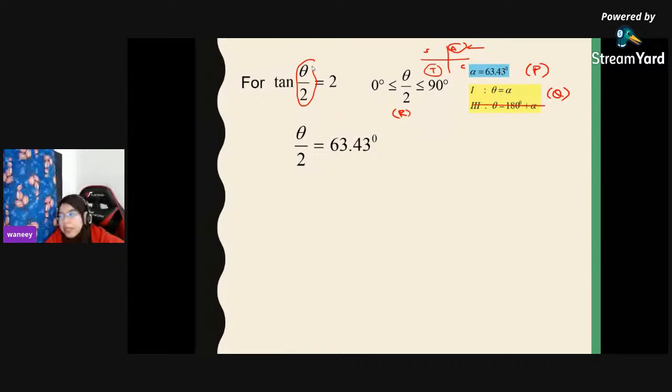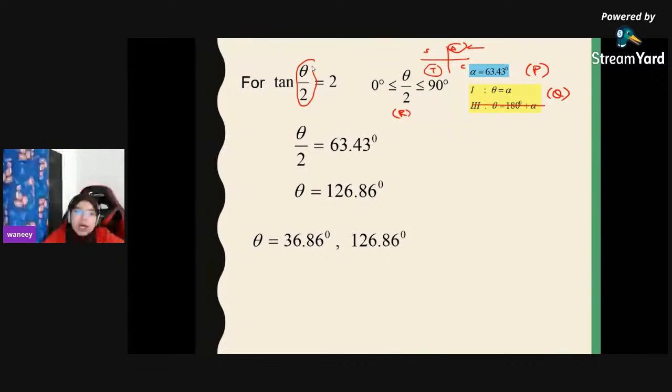Then find the value for theta: theta is equal to 126.86. Combining the answers, our final answer is theta equal to 36.86 and 126.86.